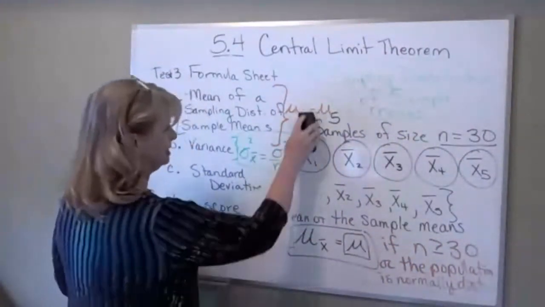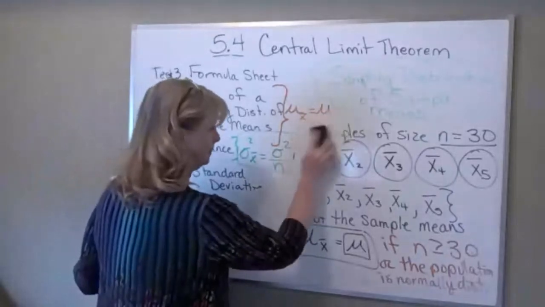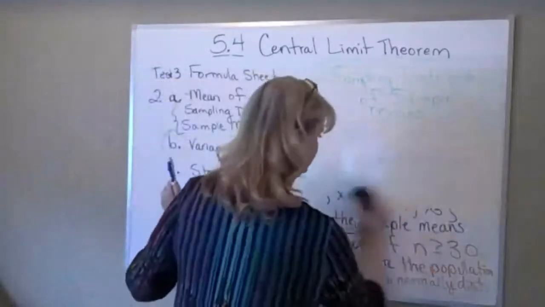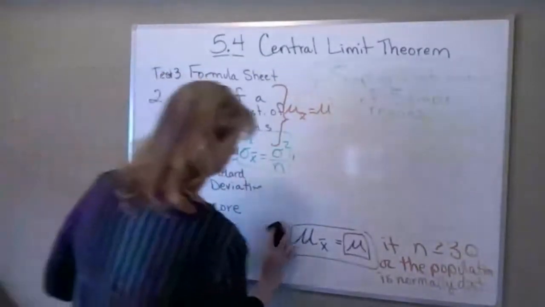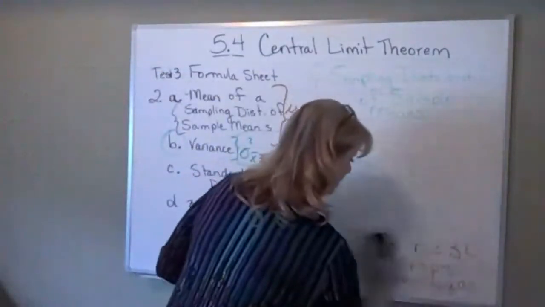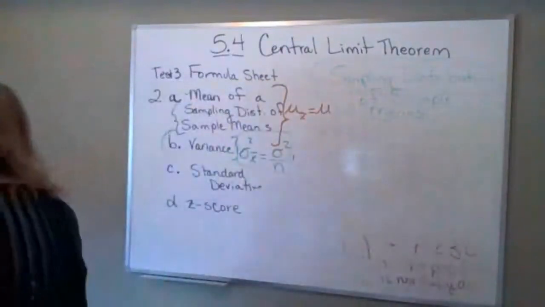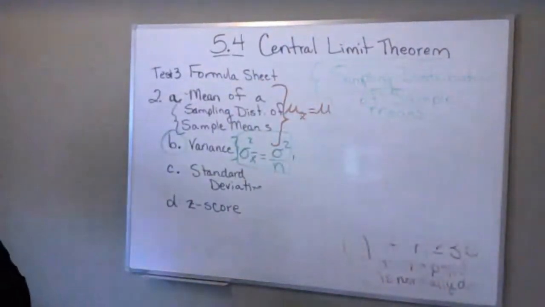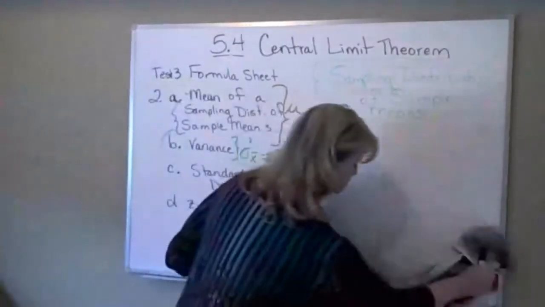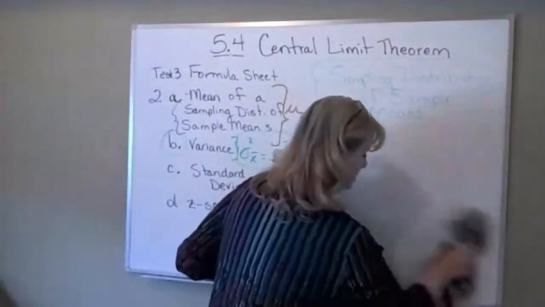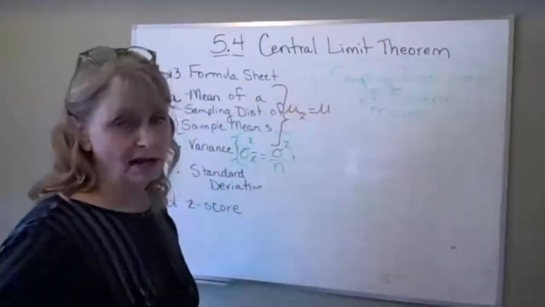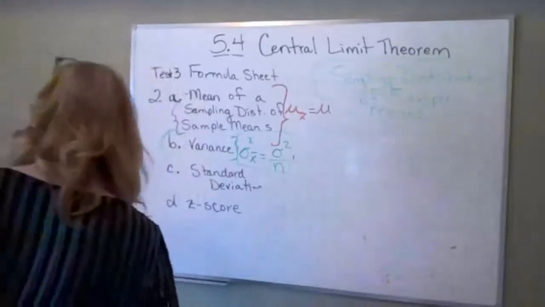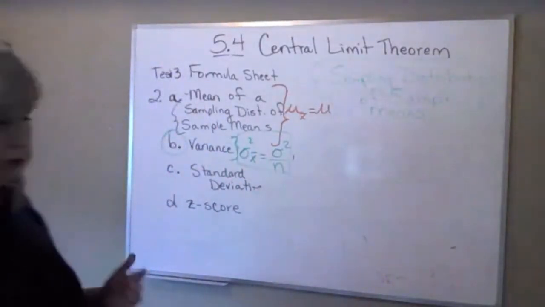So this first one, we have that one. And we have to remember that n has to be 30, or the population has to be known to be normally distributed. But even if the population is not known to be normally distributed, then that just means you need a sample size of at least 30 for these things to hold true.